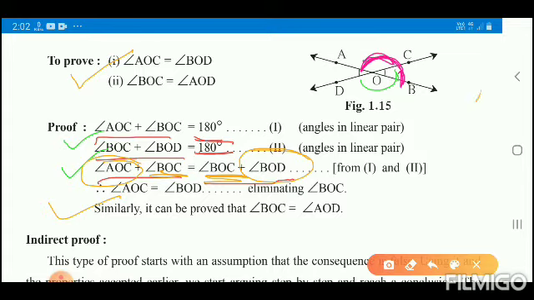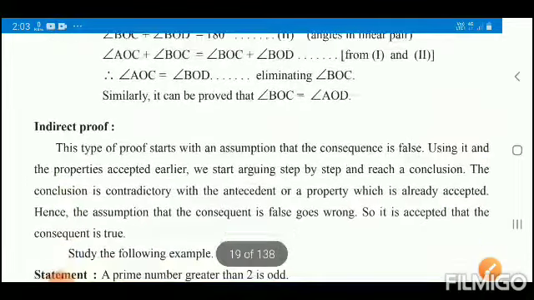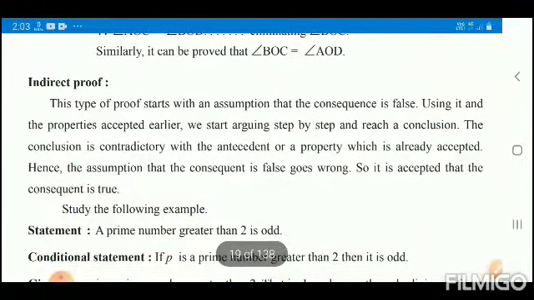Okay, now we will see the indirect proof. This type of proof starts with an assumption that the consequence is false. Using it and the properties accepted earlier, we argue step by step and reach a conclusion.